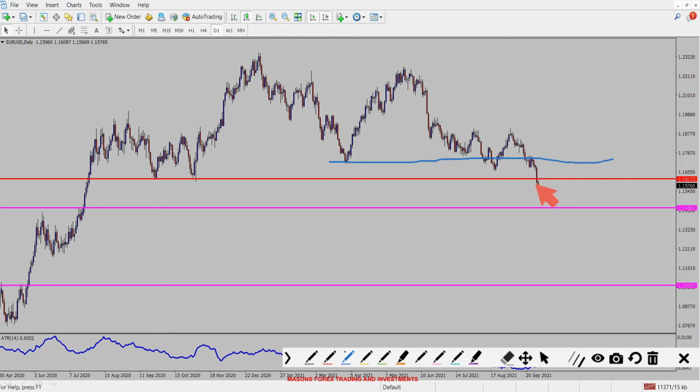So again, if price pushes into this level and gives us a rejection bar, followed by an engulfing bar, this would be a signal for price to go lower with our first take profit right here. And if we hold on further, price could actually come to take profit 2.